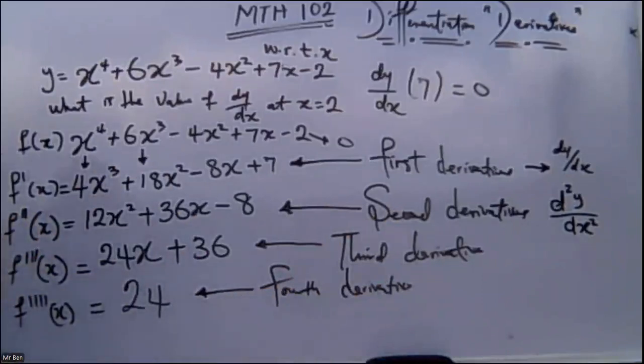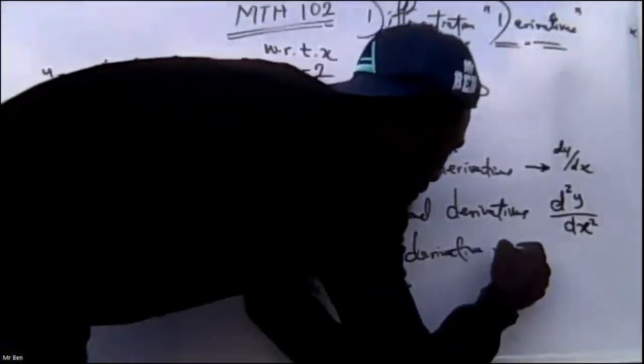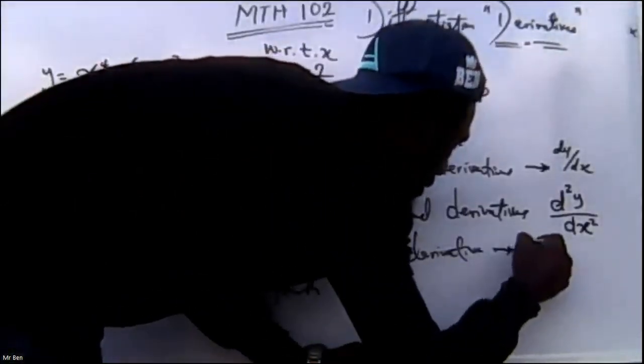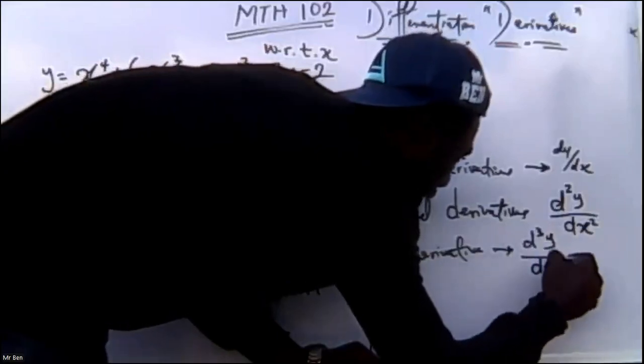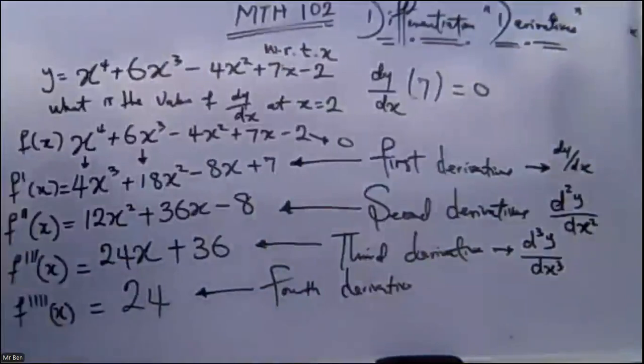Now, if you have to find the third derivative, it will be d cubed y over dx cubed. That is the short form of the third derivative.